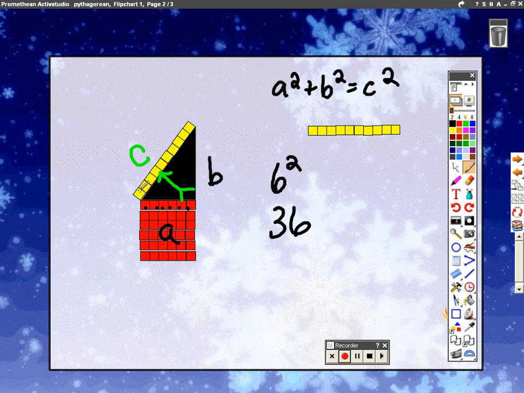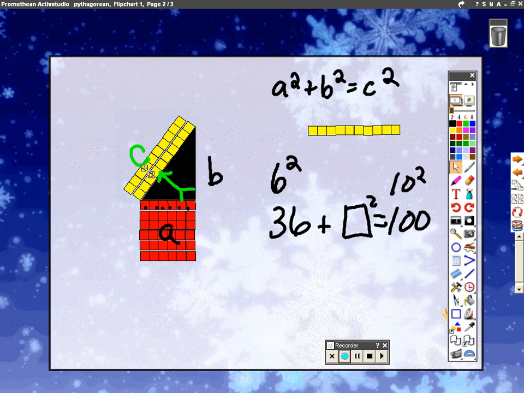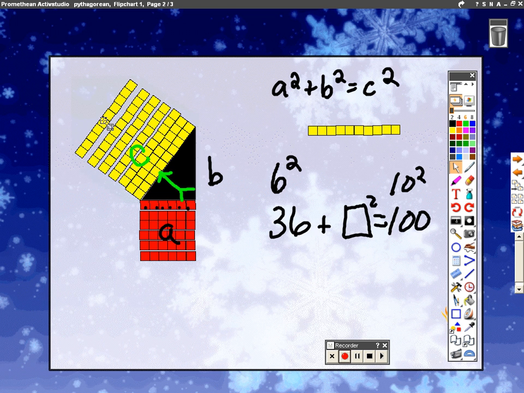Now this one is 1, 2, 3, 4, 5, 6, 7, 8, 9, 10, and it's c, so I'm going to put it over here. So 10 squared, which is 100, plus my mystery squared. Okay, so if I also did the same thing here, I need to make 10 rows, so that's 2, 3, 4, 5, 6, 7, 8, 9.